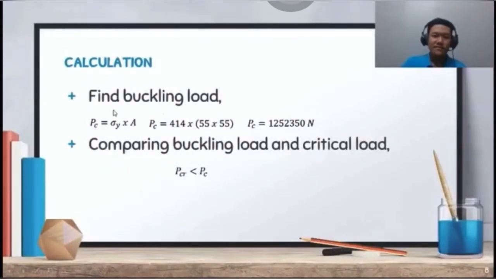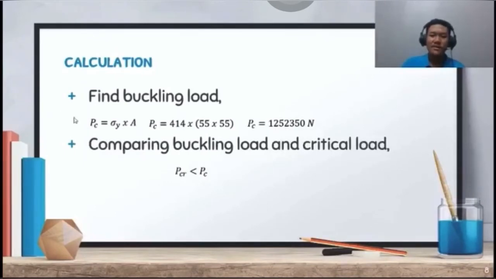After we find the critical axial load, we need to find the buckling load. Using the formula here, PC is equal to tensile strength times area. We insert the value, the area of the cross section, and we get the buckling load, which is 1,252,350 Newton.